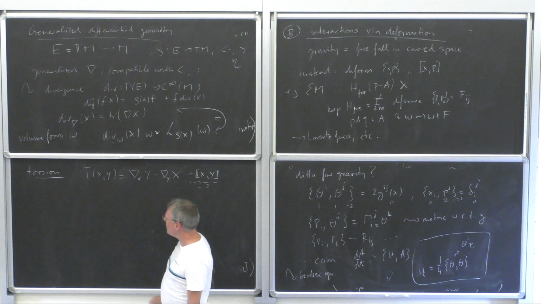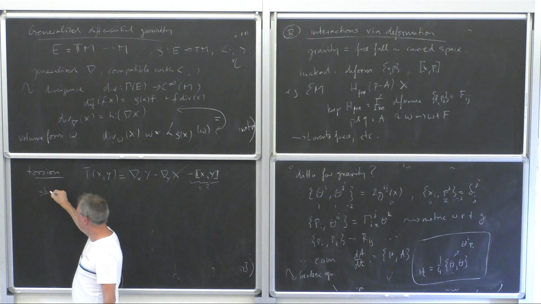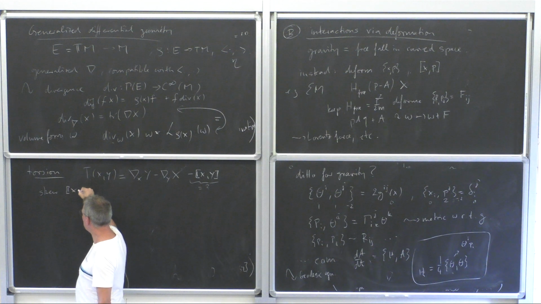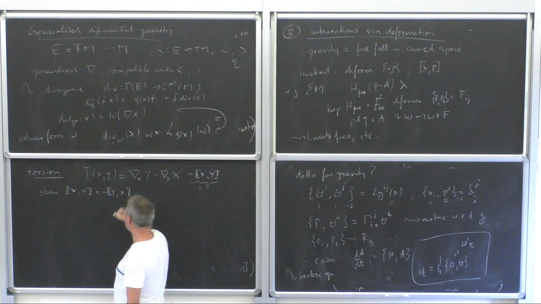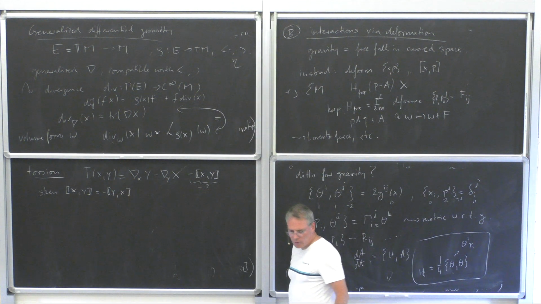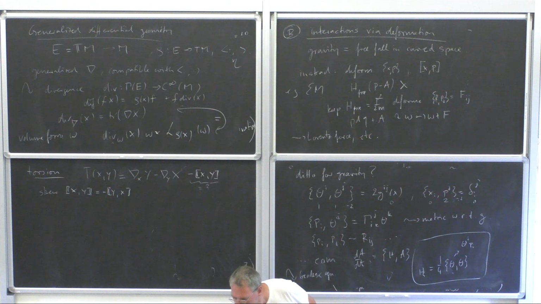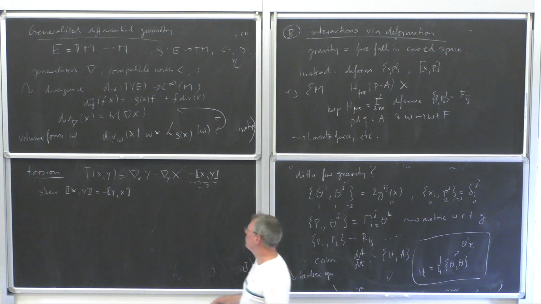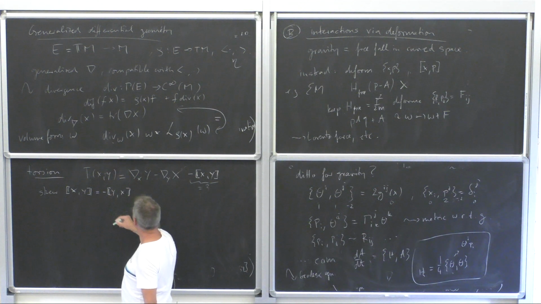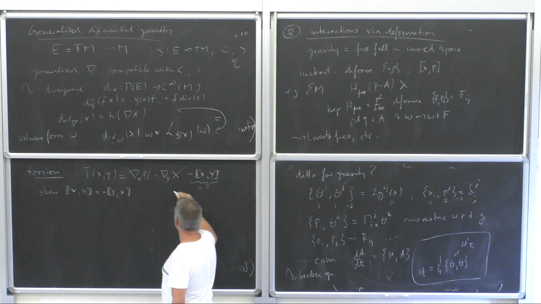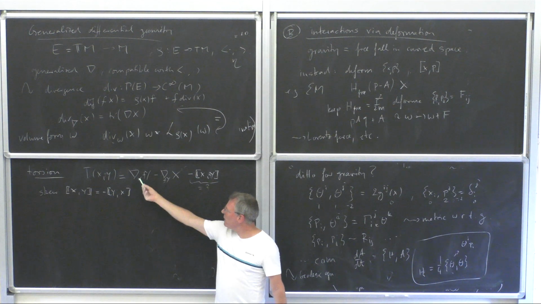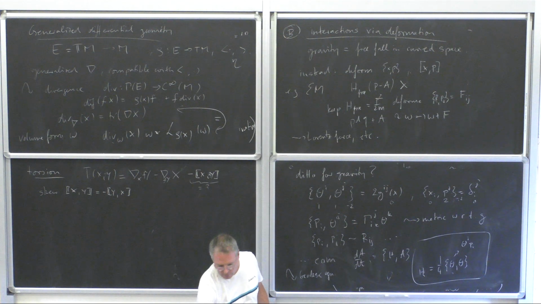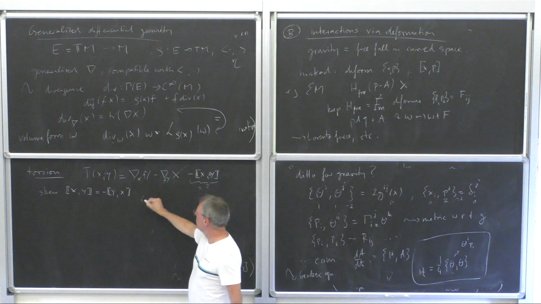But the torsion should be antisymmetric, so this should be a skew bracket. And we want this whole thing to be tensorial, so let's say I put a function in here, here, and here, and I want to be able to pull it out. Well, it will pick up an anchor map of x acting on f from here. So this implies a second property.